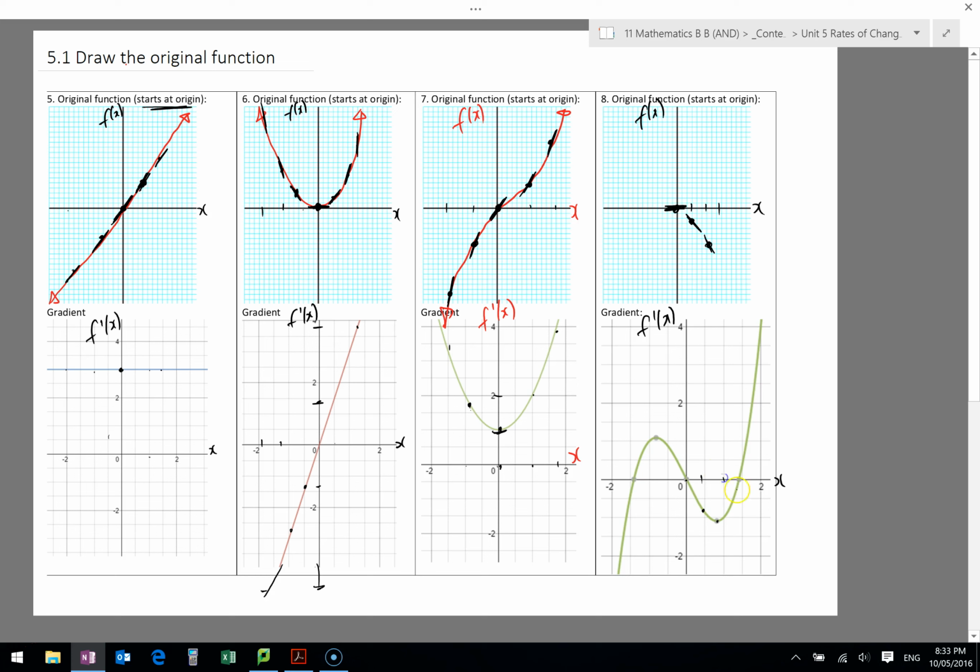And then as we go across, the slope's still negative, but not as steep. So starting to flatten out a little bit until it gets to this point where it's completely flat. Is that even in line? Yeah, sure.